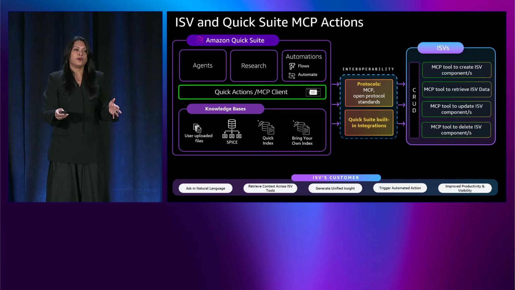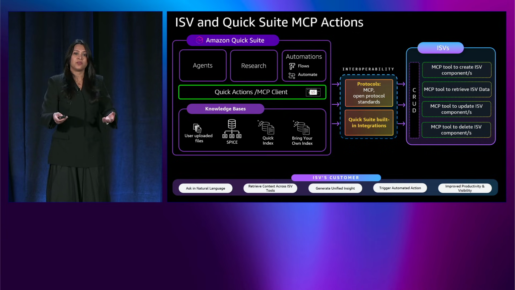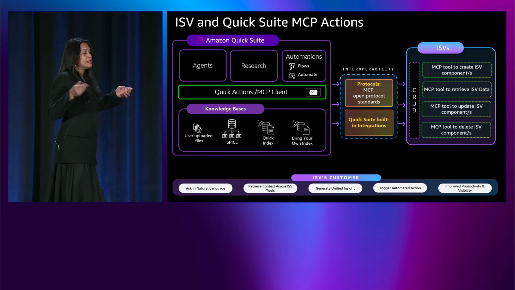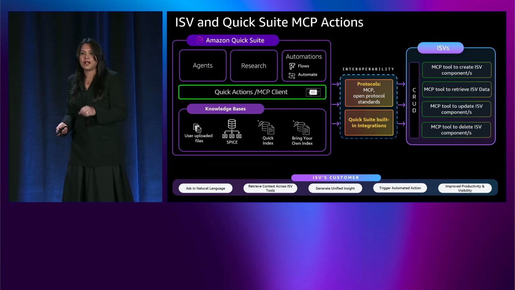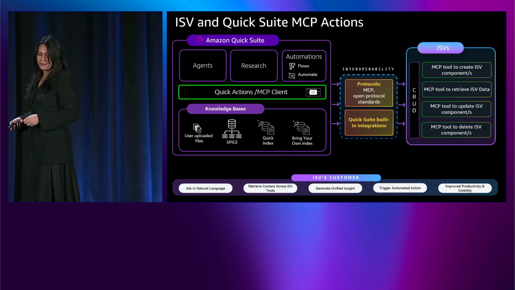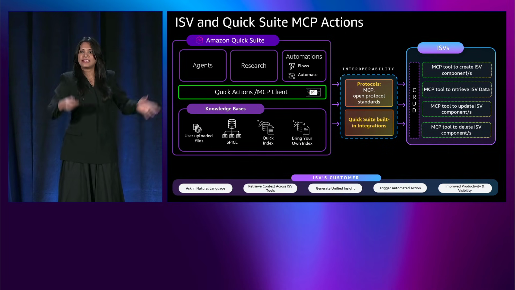As mentioned before, QuickSuite already supports security at rest as well as in transit. With the MCP client, it additionally supports different types of authentication. We are talking about three-legged authentication, 3LO or 2LO. So that is the left-hand side, Amazon QuickSuite and its actions.